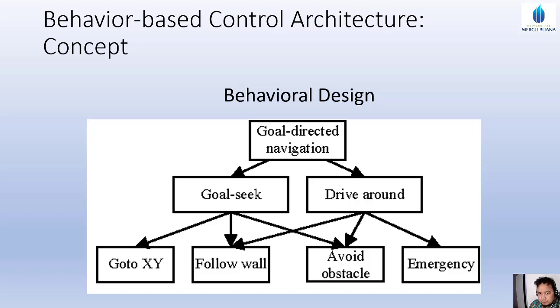The concept of behavior-based control architecture is that we define some behaviors. We design behaviors such as goal-directed navigation, goal seeking to some place, how to drive around, go to an XY position, following a wall, avoiding obstacles, or doing some emergency action.